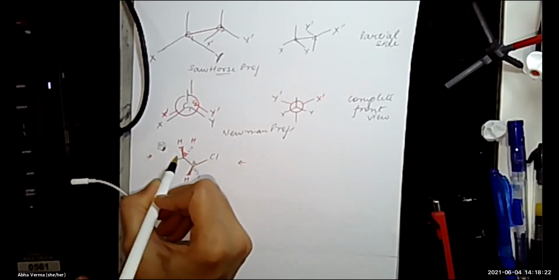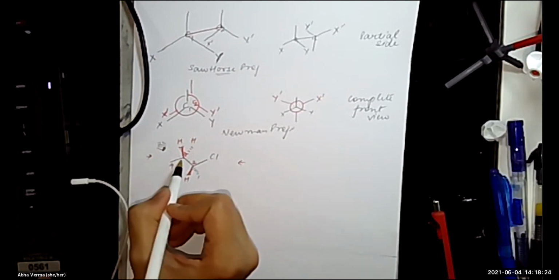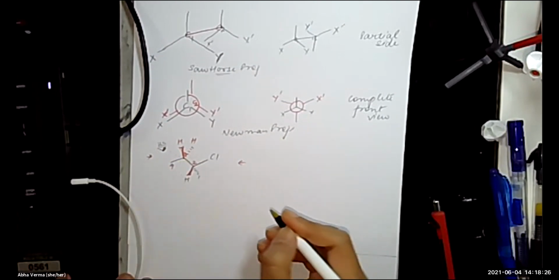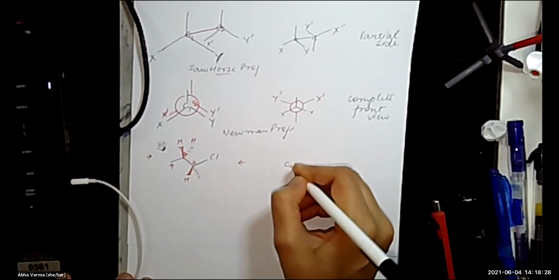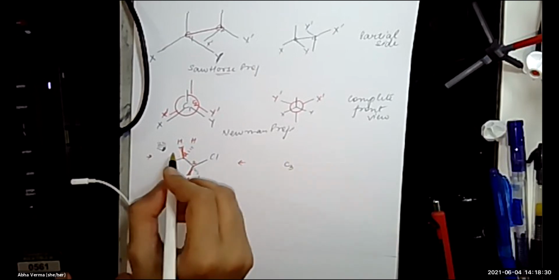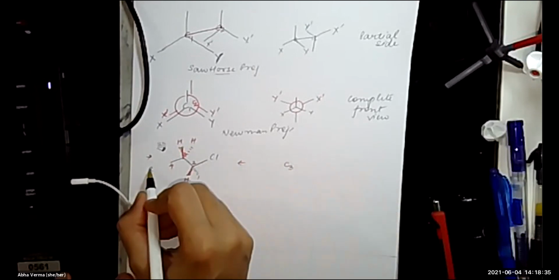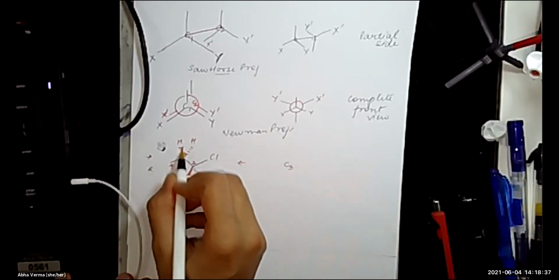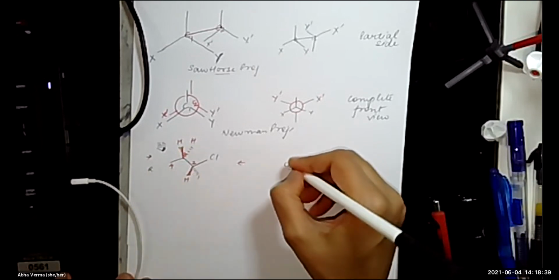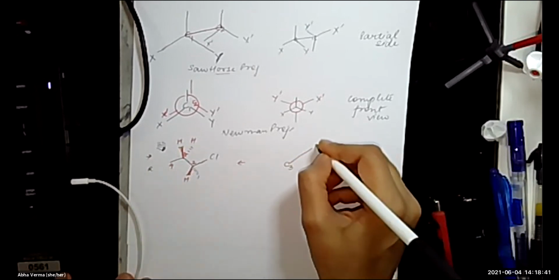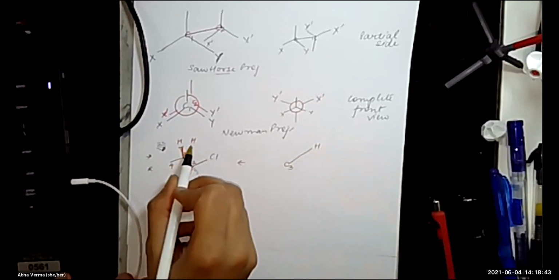So you will start to look at this. What is this? This is your carbon 3. And I'm going to draw it. What is on your right hand side? A hydrogen. Where is this hydrogen? It is pointing up on your right. Where is this other hydrogen?